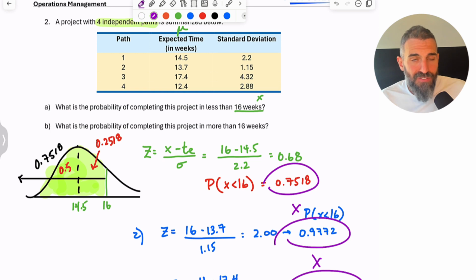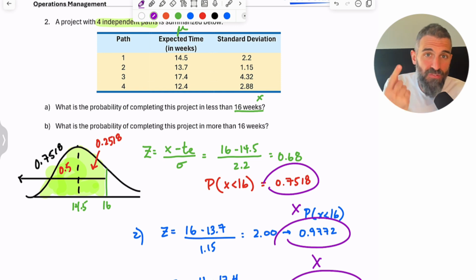Do not find the probability of every path taking more than 16 weeks and then multiply that all together. It sounds like, why not? If you could do it for less, why can't you do it for more? But it doesn't work that way. Because if I asked you the probability that the project is completed in more than 16 weeks, I'm not asking what is the probability of all the paths taking more than 16 weeks.